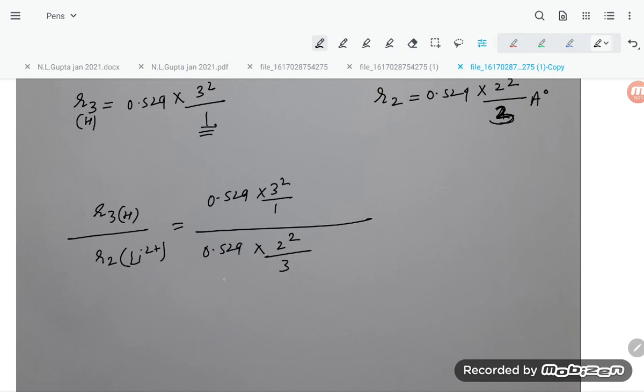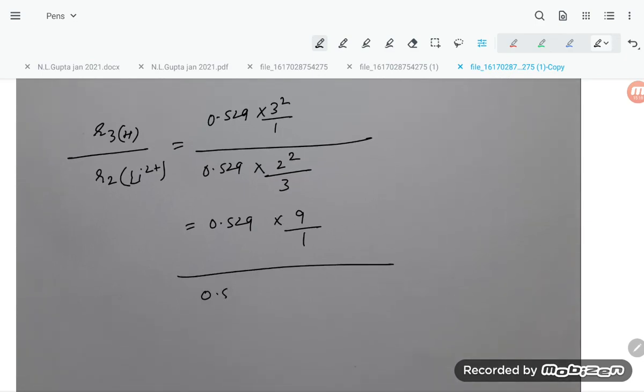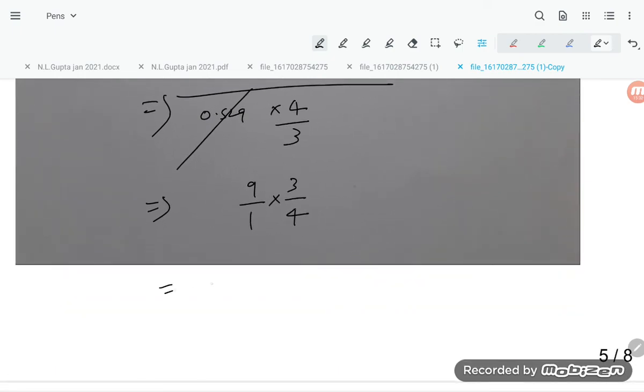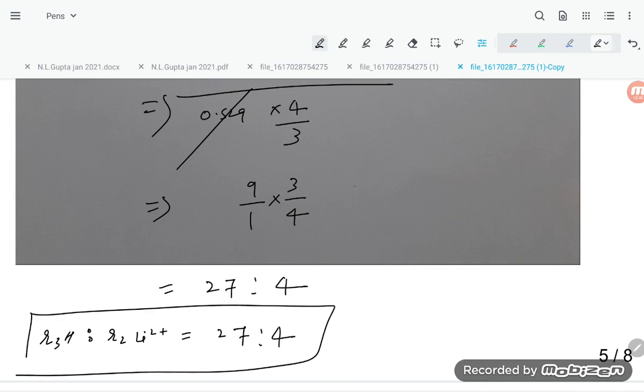If you solve it, it is 0.529 into 9 divided by 1, over 0.529 into 4 upon 3. The 0.529 cancels out. So 9 upon 1 multiplied by 3 upon 4, so it is 27:4. So here you can write, the ratio R3 hydrogen to R2 Li2 plus equals 27:4. This is our required answer, dear students.